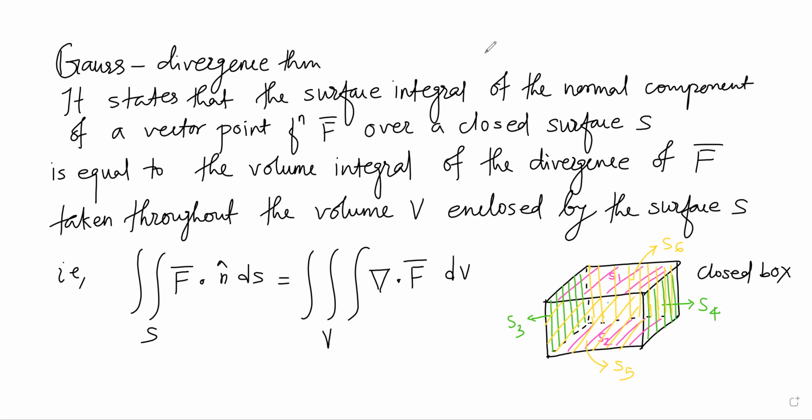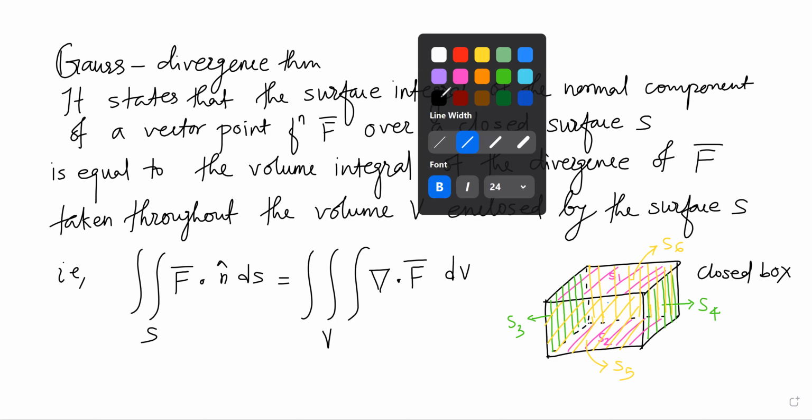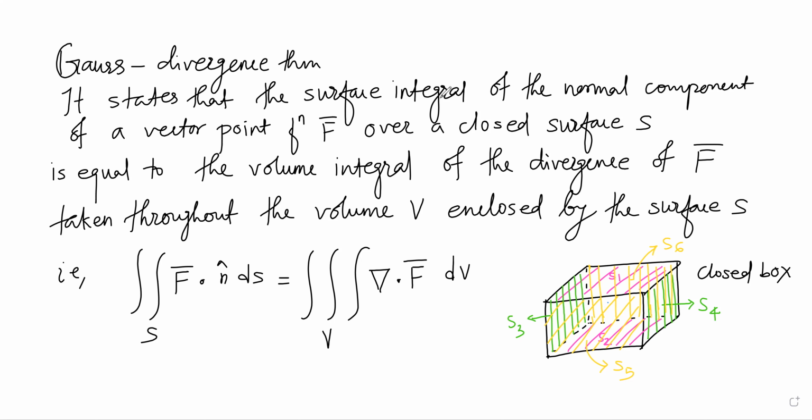Okay, a vector field is acting on this. So what this gives you is the surface integral for some f bar. Some vector field f bar is acting on all the sides of this, correct? So you calculate the surface integral over S1 plus the integral over S2, and so on.